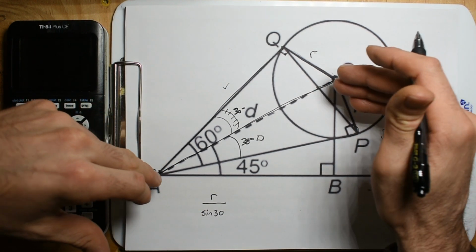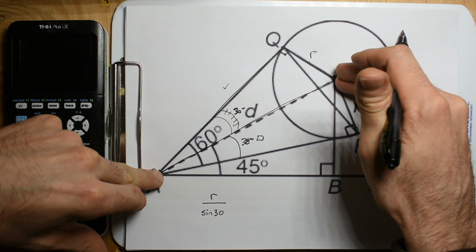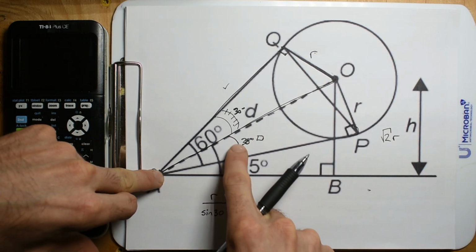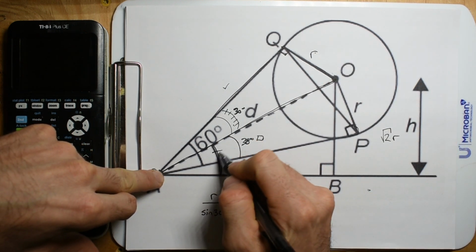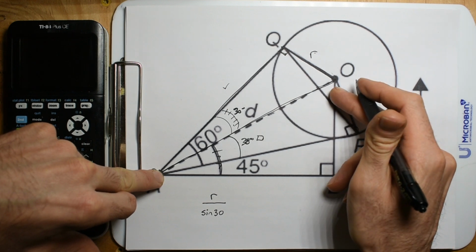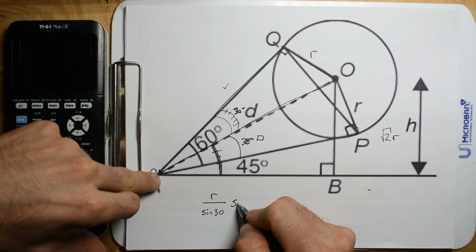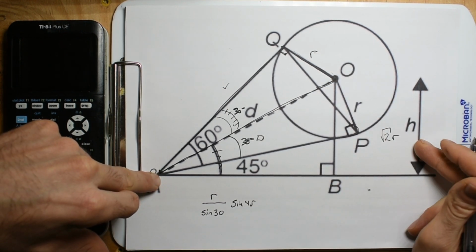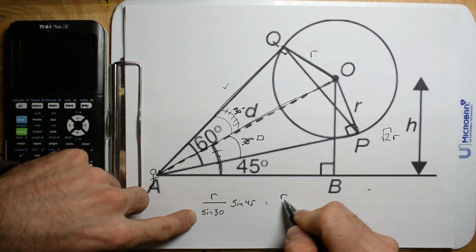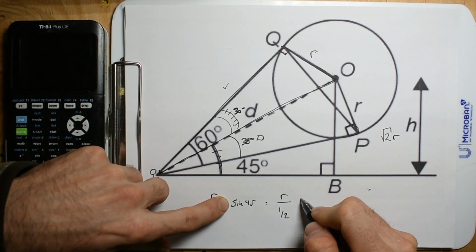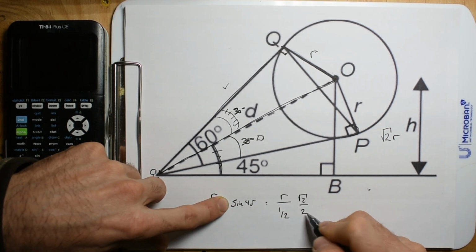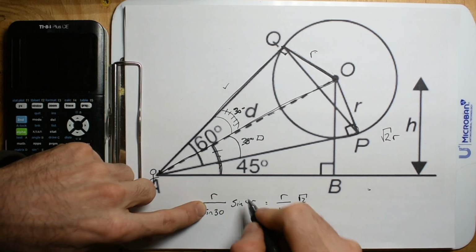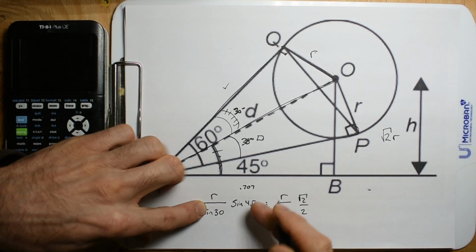Hell yeah. If I take this bigger hypotenuse, now it's straightforward, because I see that this is the angle 45, this is the sine component, so this hypotenuse times sine 45 is this height. So we got r divided by 1/2. Sine 45 is square root 2 divided by 2. You can remember this because you should know the decimal, 0.707.